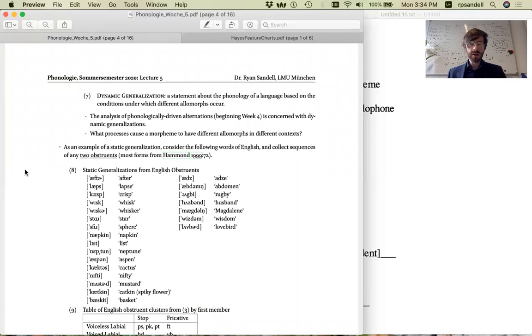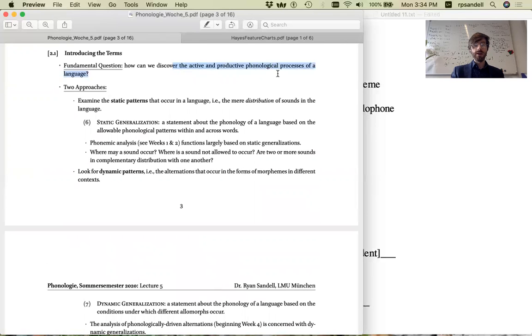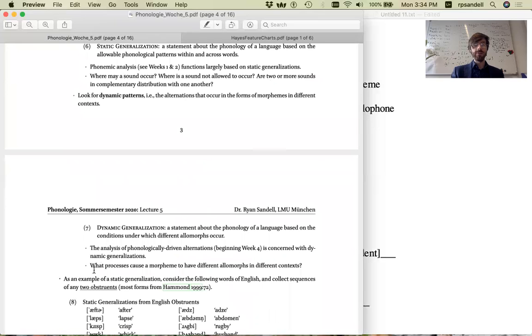Now, our question behind trying to discover phonological processes through dynamic generalizations is essentially, what phonological processes exist in a language that can cause a morpheme to have different allomorphs in different contexts?